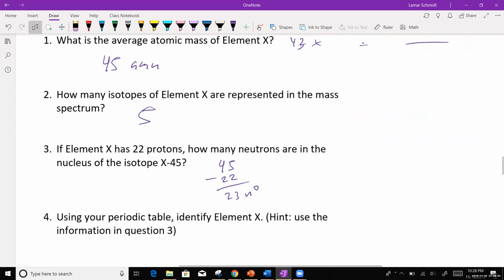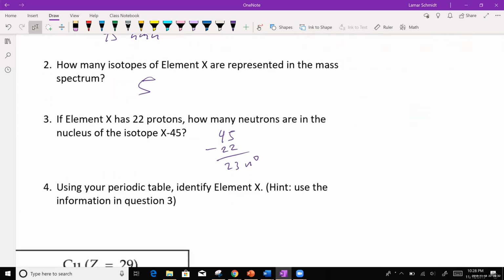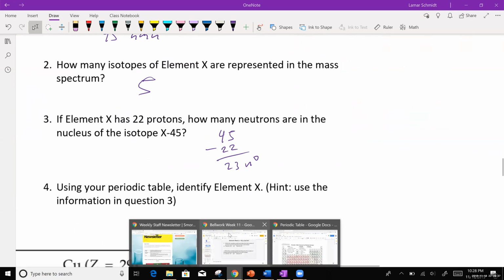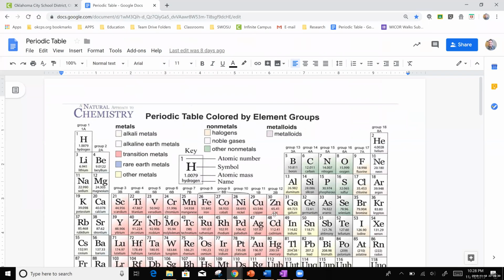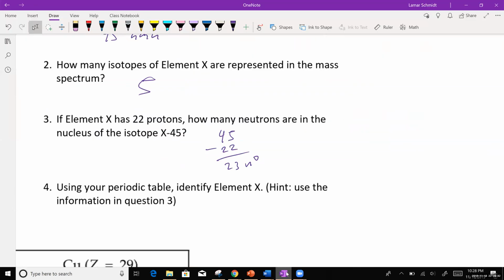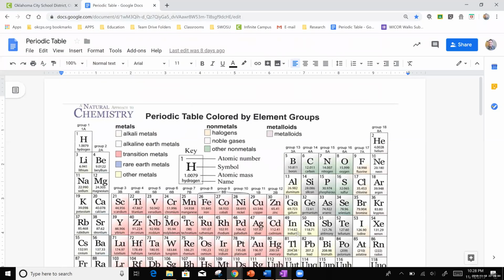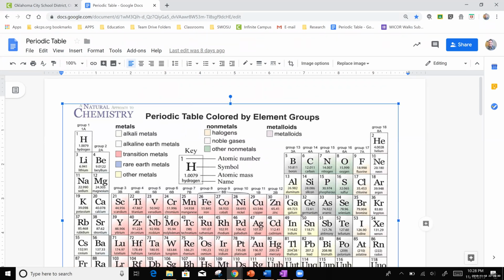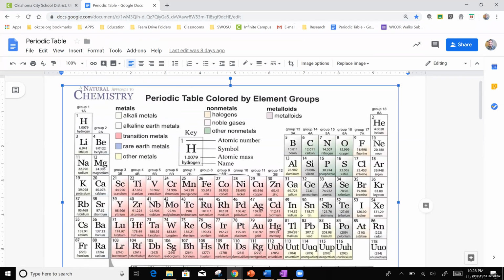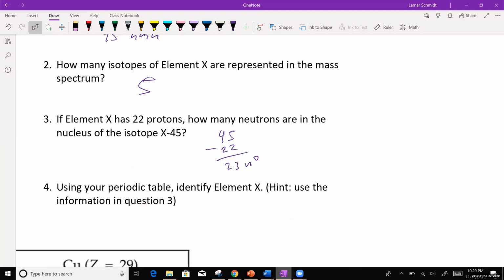All right, and then the last part: using your periodic table, identify element X. We go to our periodic table, and we know that we are looking for 22 protons. We find 22. I can't expand it, but it is titanium. You should be able to see that. Okay, so that would be Ti.